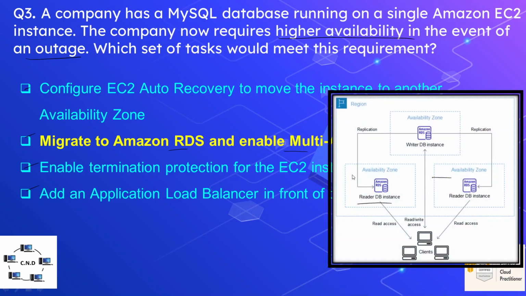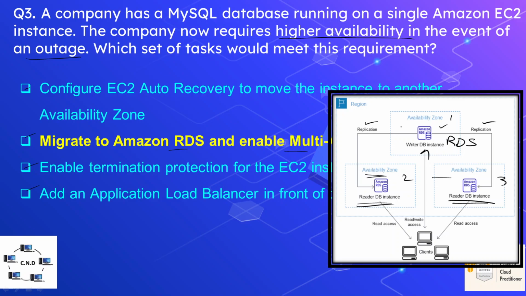And how can this be done? Here we can see that we have this database. In our case, we can say that this is our RDS, and this is the primary copy, and the data is written to this primary copy inside this availability zone. Let's suppose we say this is availability zone 1, this is 2, and this is 3. But at the same time, data is replicated to the other instances of the database inside the other availability zones.